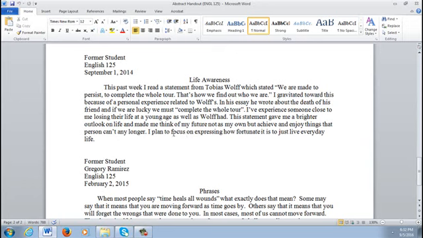And you'll see that right there when the student writes this one, particularly is what I'm mentioning, where it says that I've experienced someone close to me losing their life at a young age, as well as Wolff had. And so again, that would need to be revised to be clear.